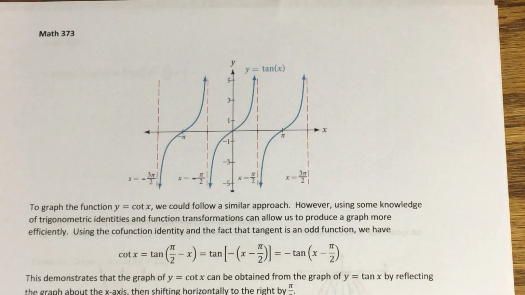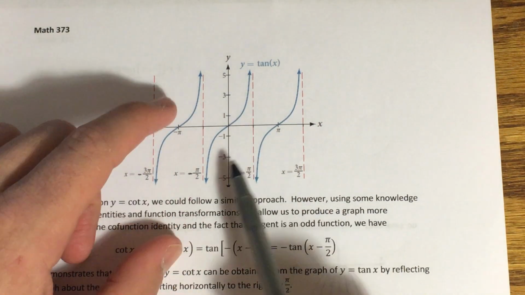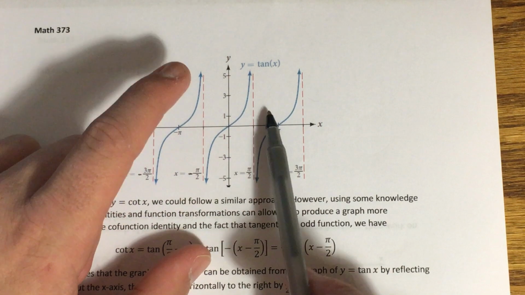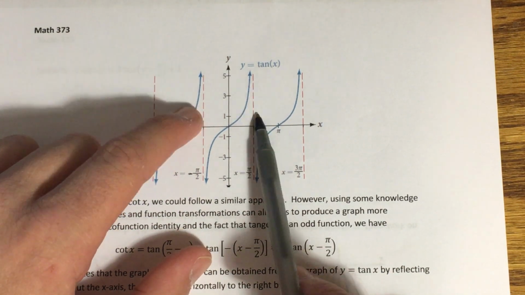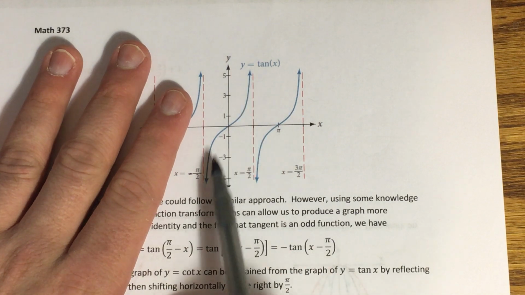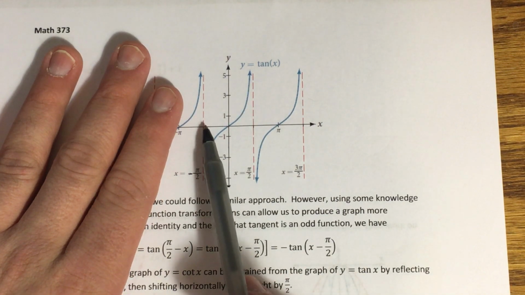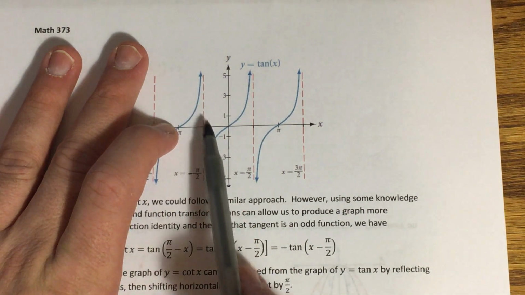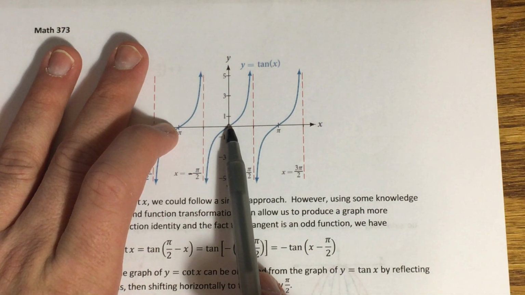Secondly, what's going to happen is if we shift everything over by pi over 2 to the right. Well, notice that if I take this little window here between these two vertical asymptotes, the leftmost asymptote for this particular curve is at negative pi over 2. If I shift that by pi over 2 units, that's going to move that asymptote to the y-axis.